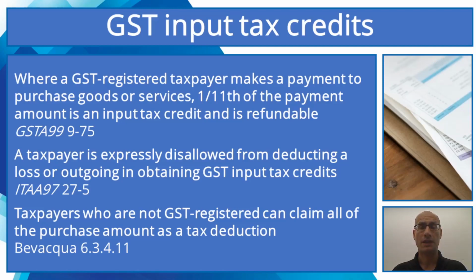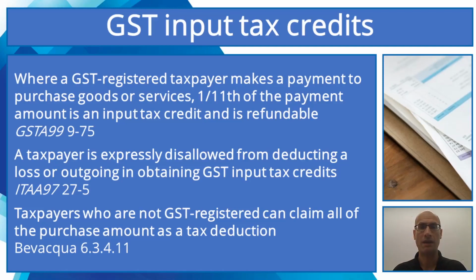The particular thing that you're purchasing still costs only $1,000, and the additional 100 is what's called an input tax credit. And ultimately, at the end of each GST reporting period, you can claim a refund for that amount. And so as such, it's not really an outgoing, so to speak.